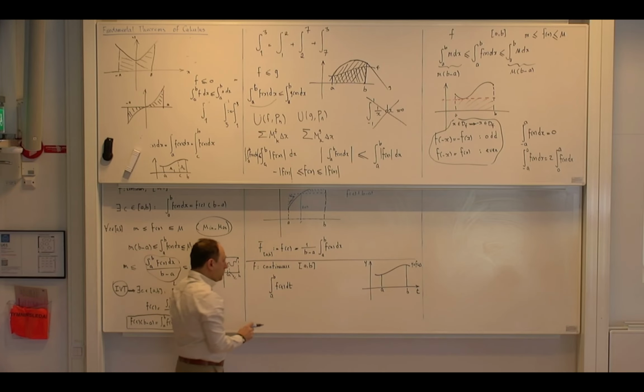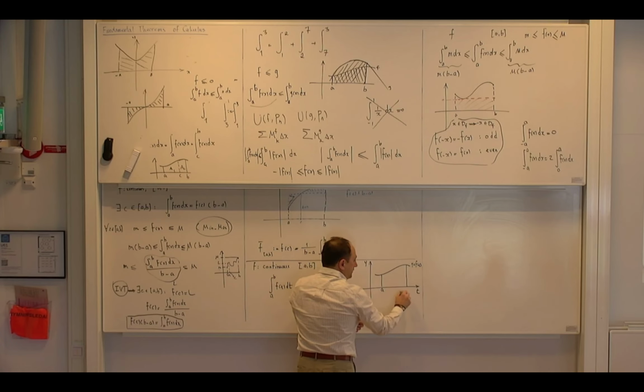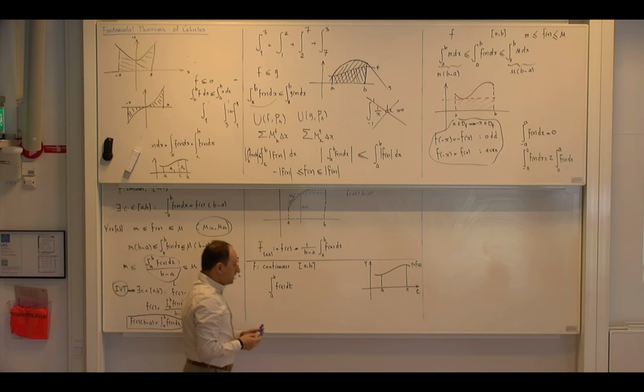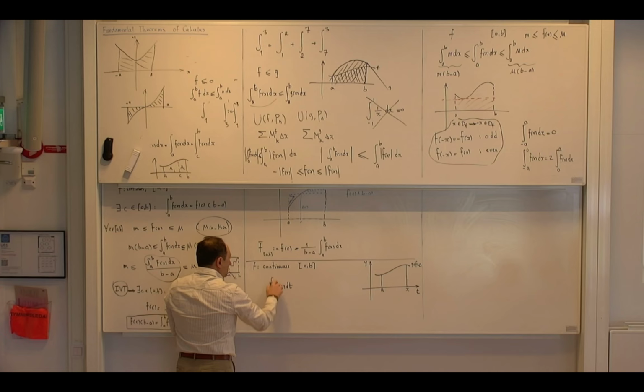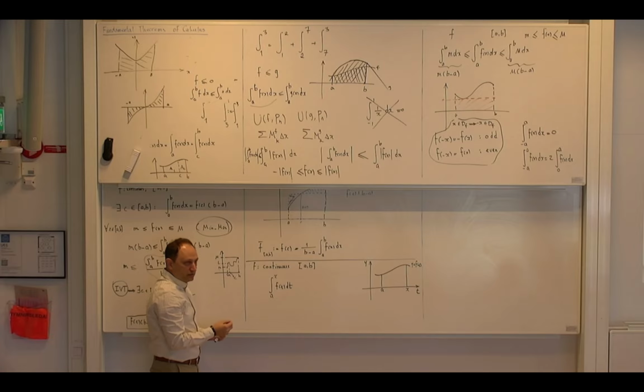But now, let me keep a fixed, but let me take b as a variable so that it can move around. Okay? So instead of fixing it at b, let me just take it as x. But x can vary. And then it means that this will be x. So you see that this is still a number, but that number depends on the value you choose for x. Is that right?